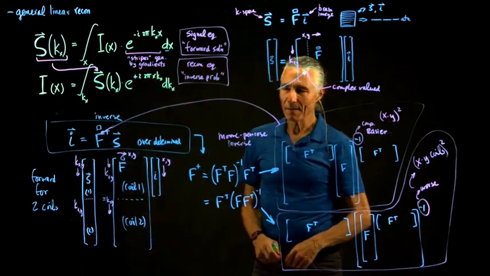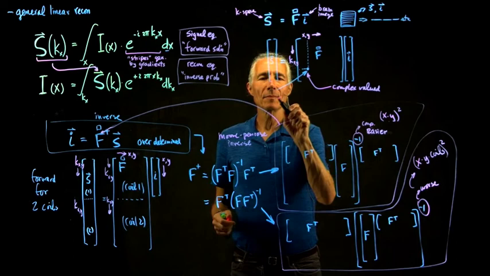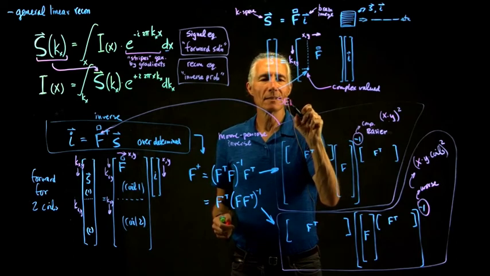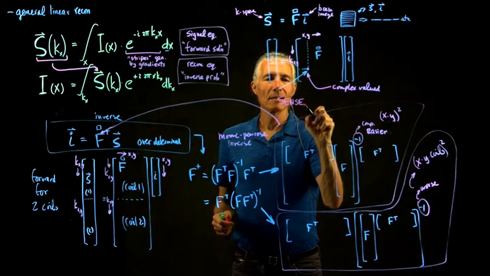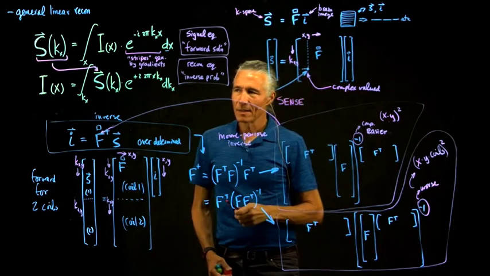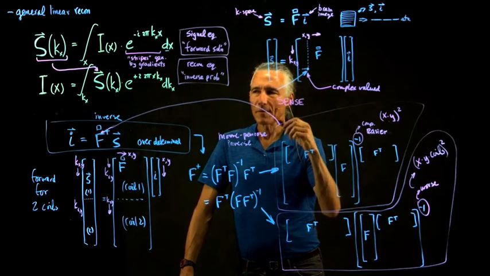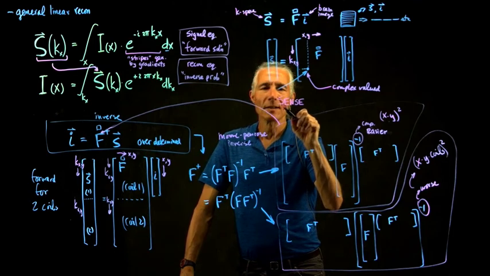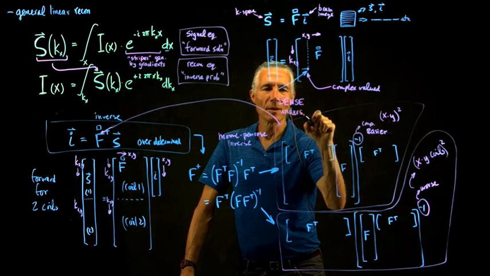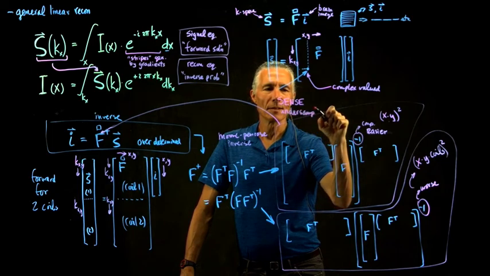So this is the absolutely most general way. If you look at something called SENSE, that's an example of a semi-general reconstruction. And there are many other ways of undersampling. These are some of the words you might want to look up.